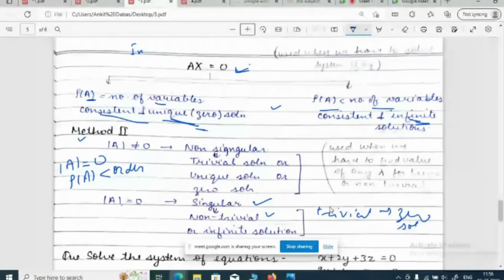Non-trivial means it will have non-zero solutions, which covers the case of infinite solutions. If the determinant is not equal to 0, that is, rank is equal to 3, the number of variables, hence we will have the trivial solution or a unique solution, and that solution is the 0 solution.